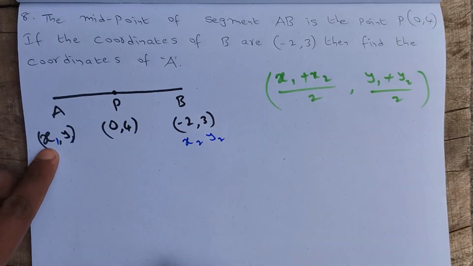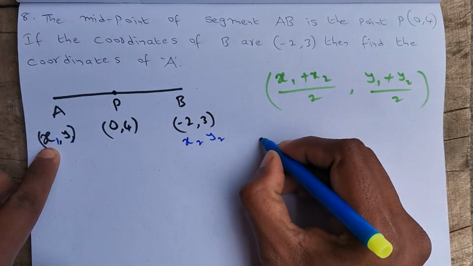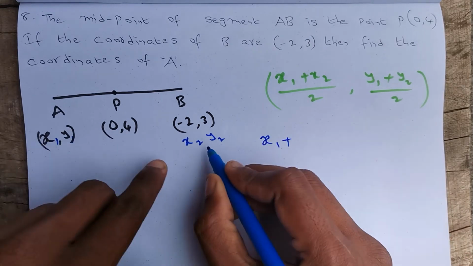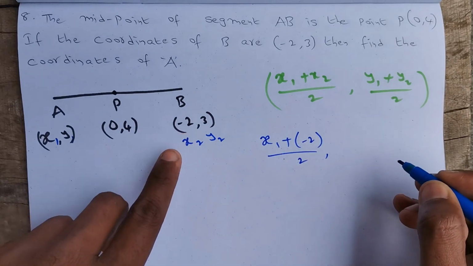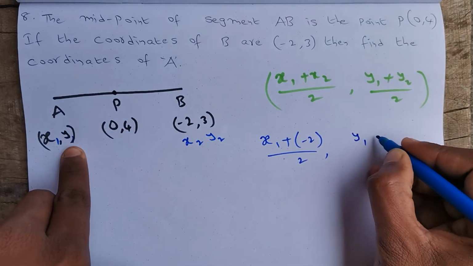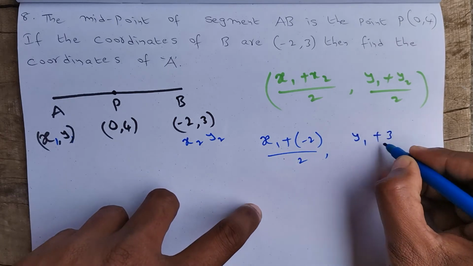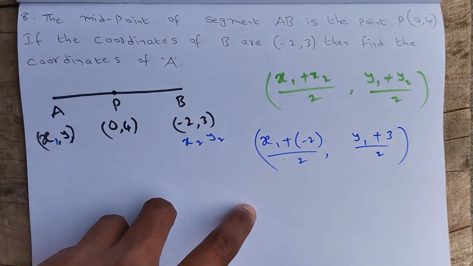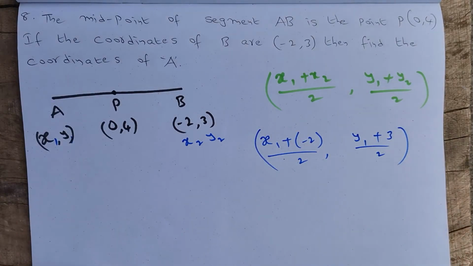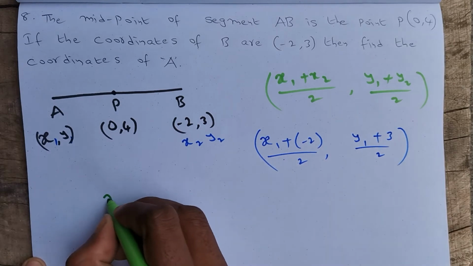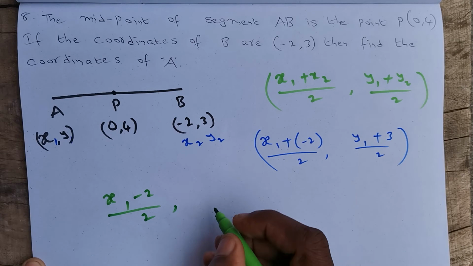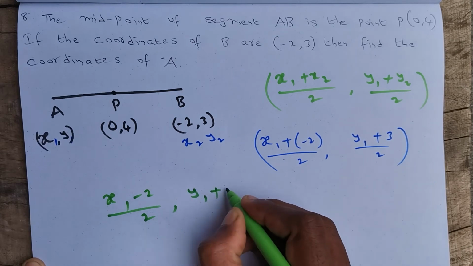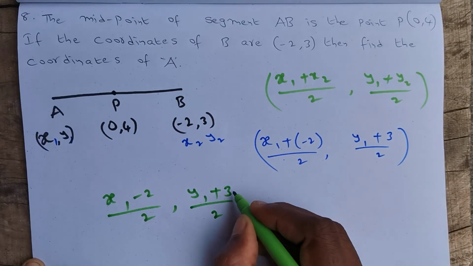Now x1 is x1 only as it is, plus x2 is minus 2, divided by 2. y1 is y1 only, plus y2 is 3, divided by 2. So if we simplify this further, (x1 plus of minus 2) divided by 2, (y1 plus 3) divided by 2.